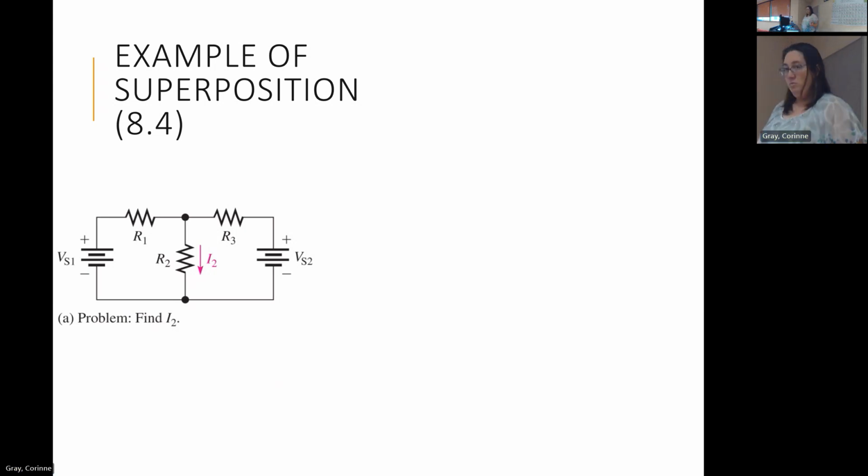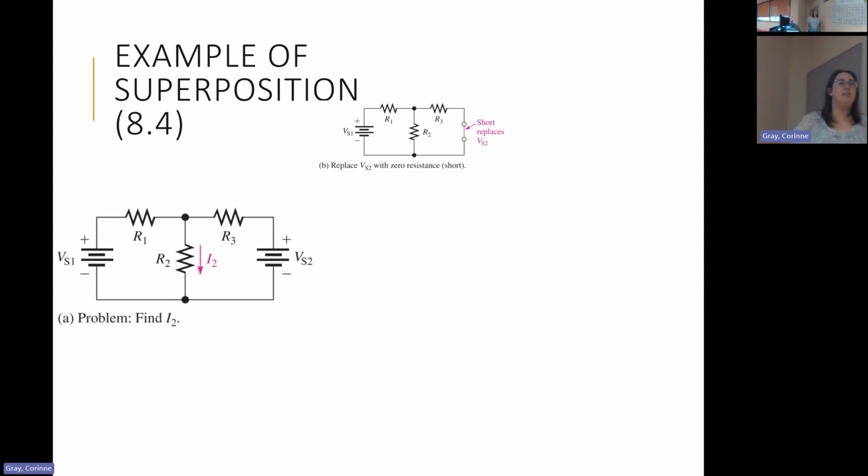First we need to decide whether to start by analyzing the left battery or the right battery. This textbook starts with the left battery. So I only care right now about this left battery.